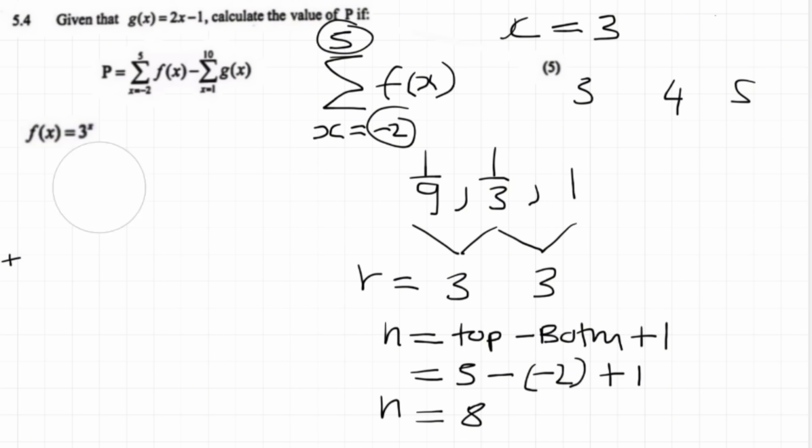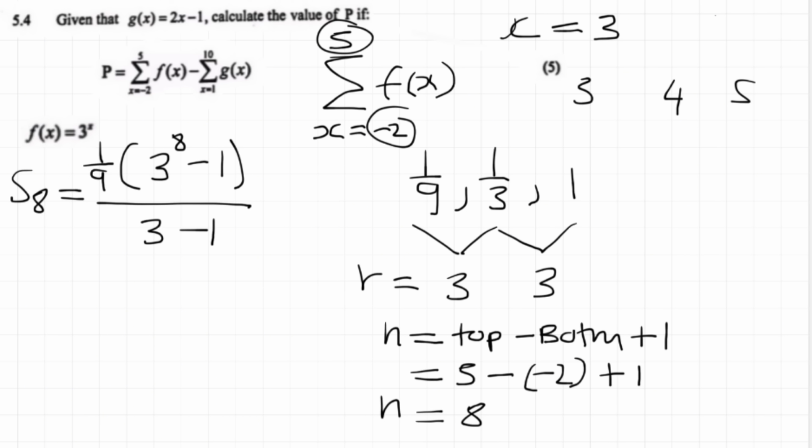So with this, now we can find the sum. We're looking for the sum of 8 terms of f of x. So sum of 8 is going to be, hopefully, I hope you know the formula, guys: the first term, 1/9, times the ratio 3 to the power of term number 8, minus 1, over 3 minus 1.